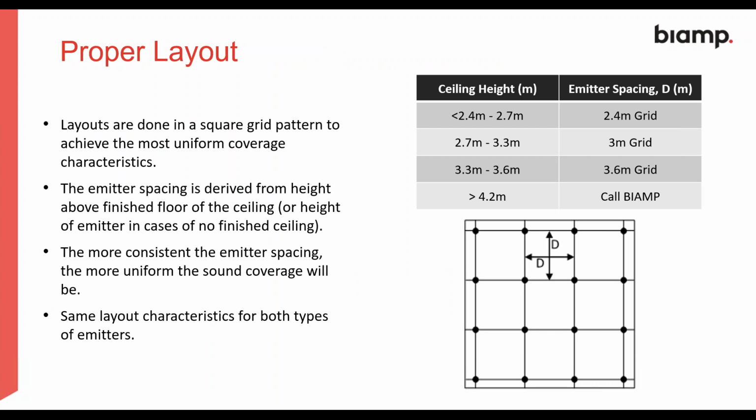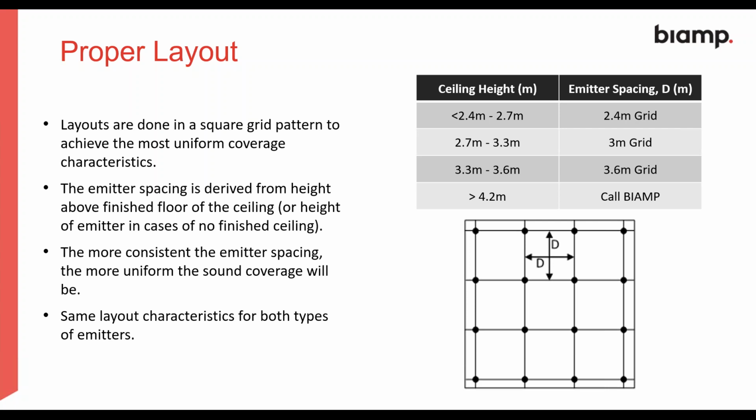The way that we do our layout is we put the emitters into grids across the space. So we do this depending on the ceiling height, generally. So as I'm showing here, the table at the top is a very broad spectrum of where we aim for.